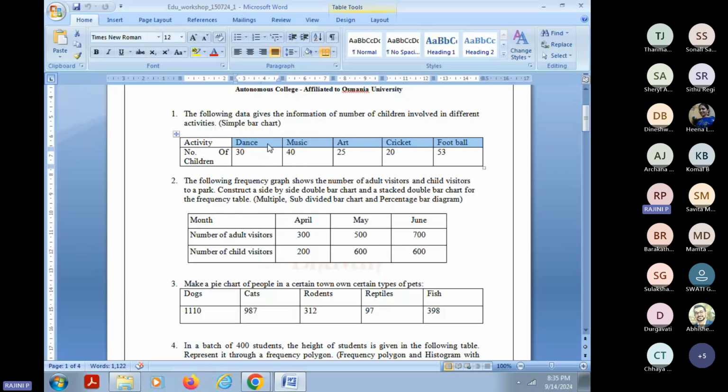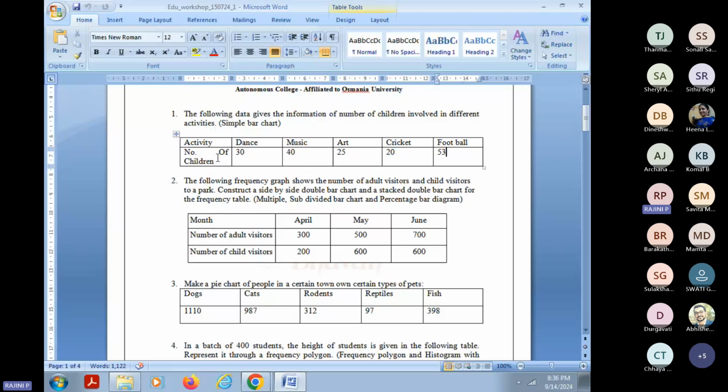This is only an activity name. So activity is my variable, which is qualitative. And for each activity, if you are having only one frequency, then we go for the simple bar diagram.